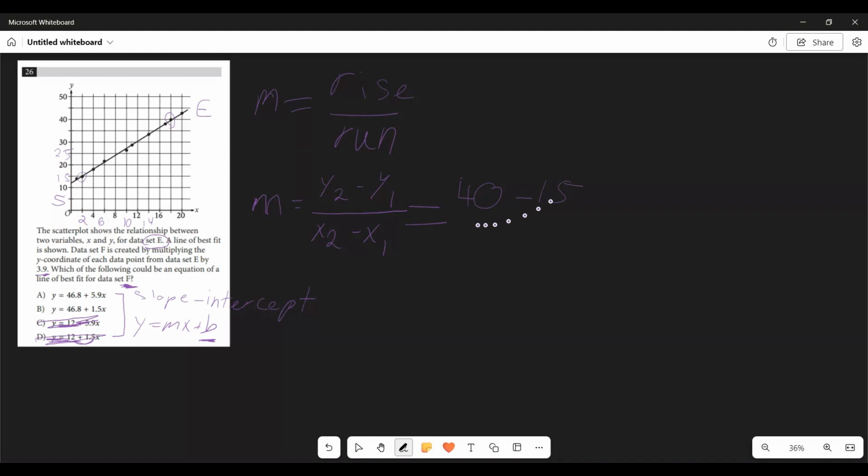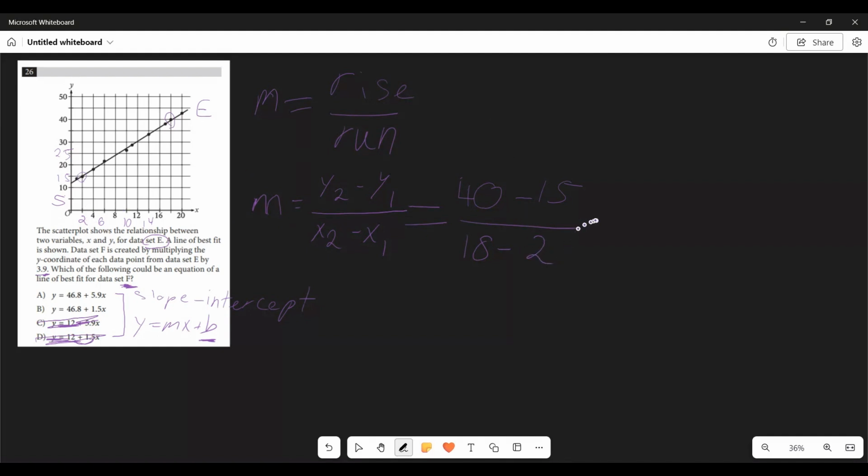Okay, so that's the rise part. Over run now, so let's look at x2. Remember this is incrementing by 2, so this would be 2 more than 16, which is 18. And now let's look at x1. So x1 is easy, right on 2, right?